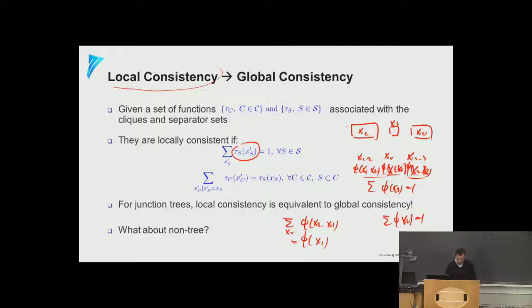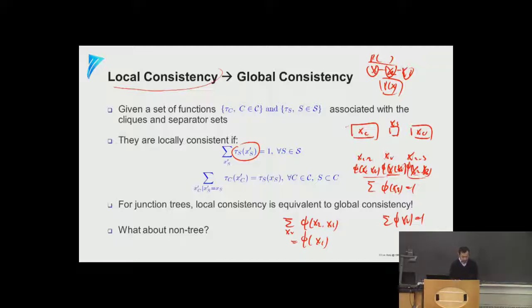So basically, if you have nodes x1, x2, and x3, and you have a distribution on these two and a distribution on this one only, then the marginal of the joint of a pair of nodes leads to the marginal of this node that is left out.